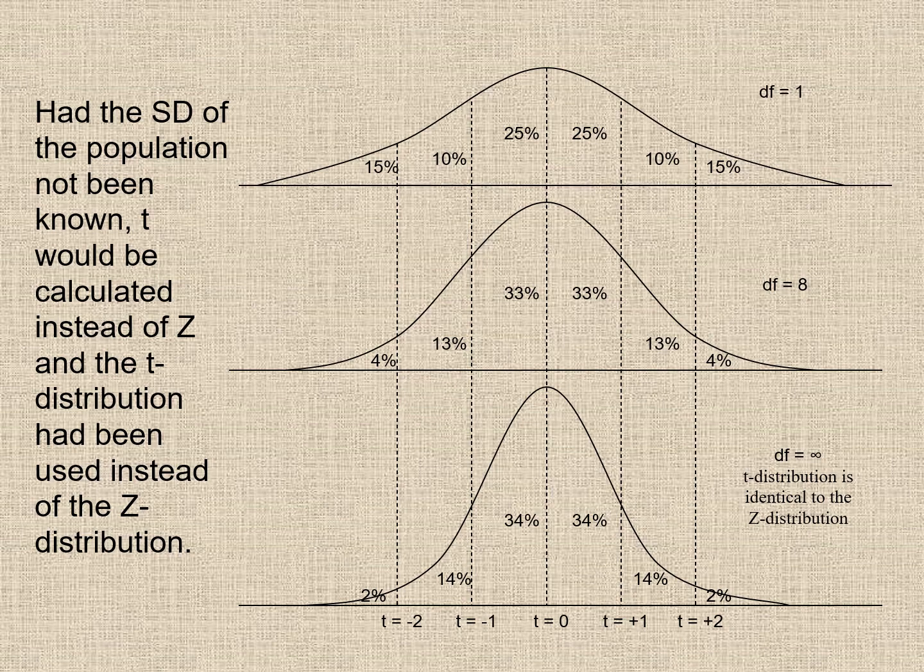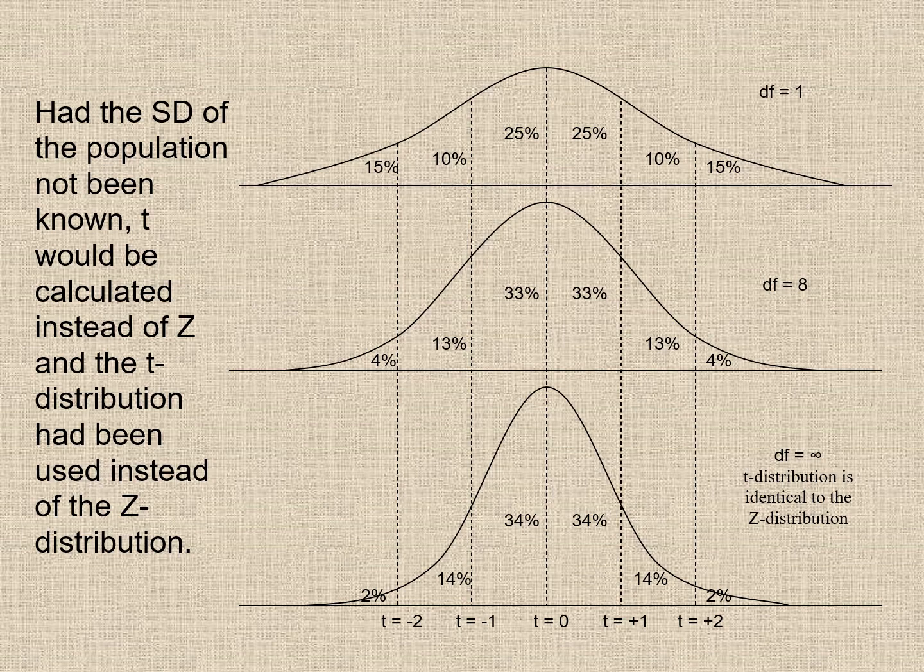Well, think like this. Imagine we have a sample of 10 individuals with a certain mean. Let's say their mean is 15 on a certain variable. So we have 10 individuals with a mean of 15. How many of those 10 values are free to vary, given that the sample mean is 15? Well, 9 of those values can vary.